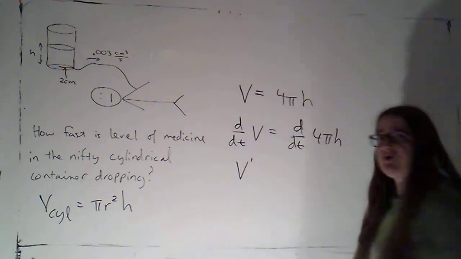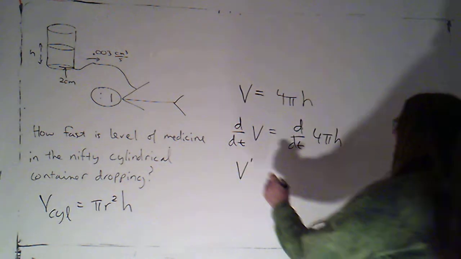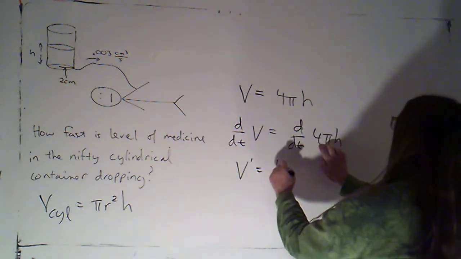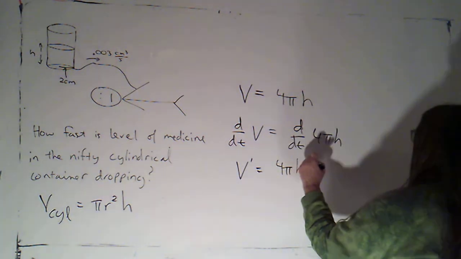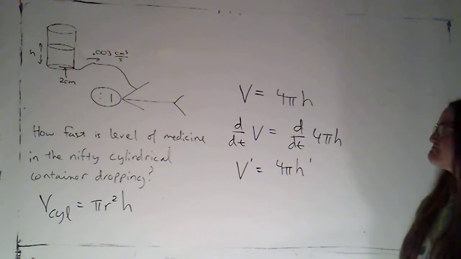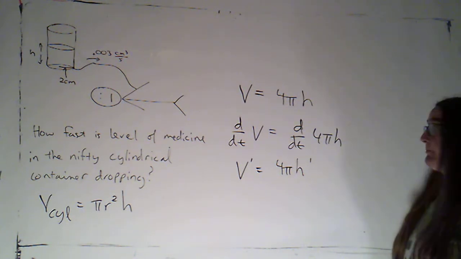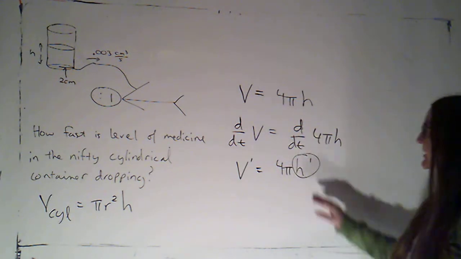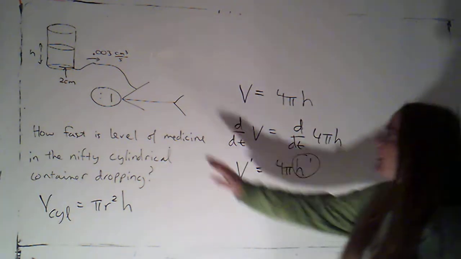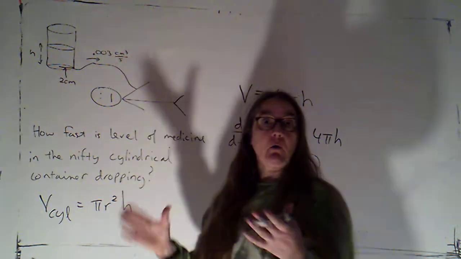So its derivative is just V prime. And that's going to equal 4 pi as a constant. We had that many copies of H. We're going to get that many copies of H prime. Nice. I like this example. Okay. So we want to solve for H prime, so we need to plug in V prime. Now, I know the absolute value of that is 0.003.